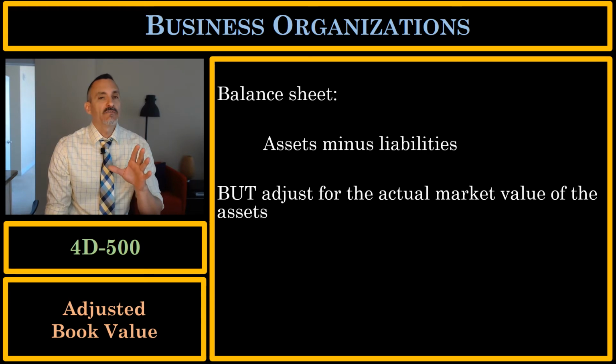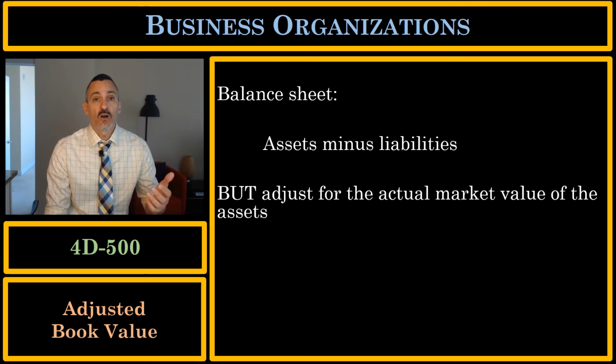Now, if the value of the asset goes up a lot or goes down a lot, it doesn't change on the balance sheet. The balance sheet does not change the value of the asset based on the actual market value of the asset. You might say, wow, that's silly. Well, there are lots of reasons why we do it this way. Everybody understands it. So when someone looks at a balance sheet and sees the value of an asset, they understand that that doesn't necessarily reflect the market value of the asset.